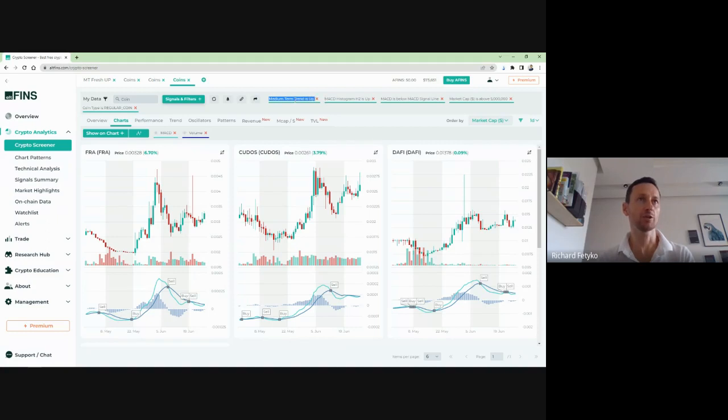It's looking for all the coins that are in an uptrend, that's this filter condition, and also which ones have rising histogram bars. And here they are. So this is another technique to find an uptrend and enter at the beginning of an upswing.